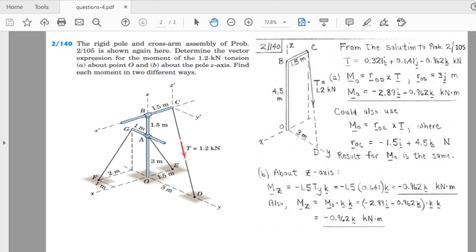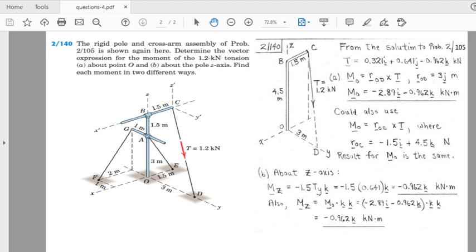Now, if you look at the statement of the question, we have to find each moment in 2 different ways. So the second way can be that instead of using position vector OD, we use position vector OC. Position vector OC is going to be, as you can see, we are moving from O to B, this is 4.5 meters distance in Z direction, and then from B to C we are moving in negative X direction.